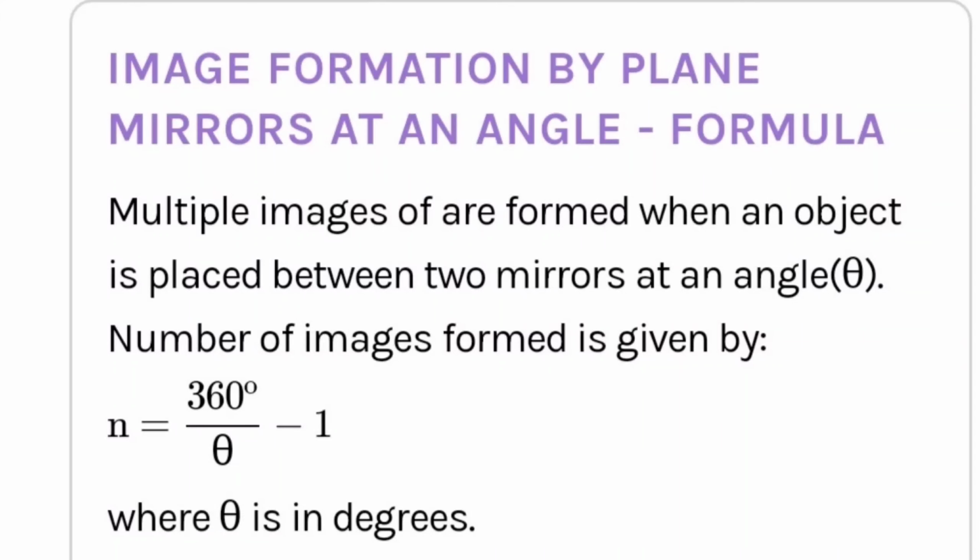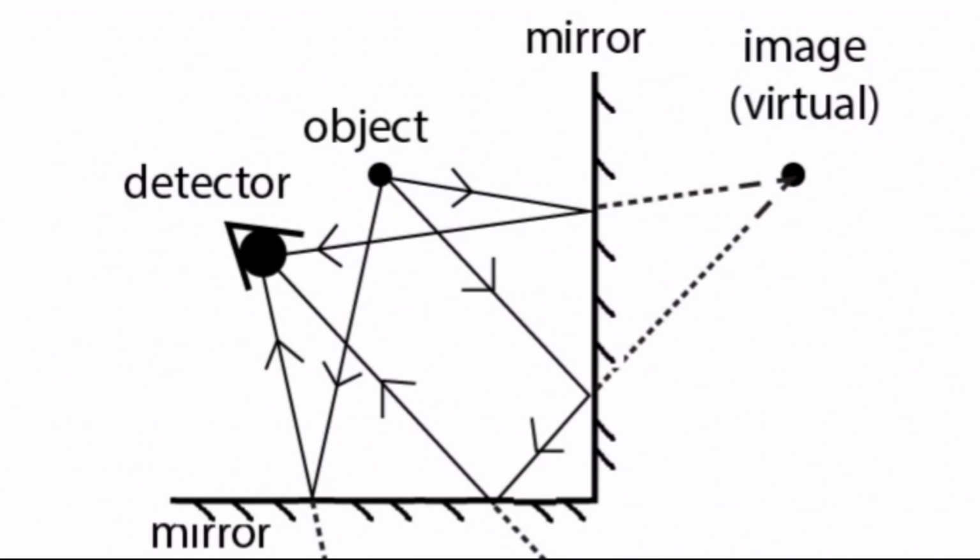Our next topic is multiple image formation by setting up multiple plane mirrors. So, image formation by plane mirrors at an angle, the formula. Multiple images are formed when an object is placed between two mirrors at an angle theta.